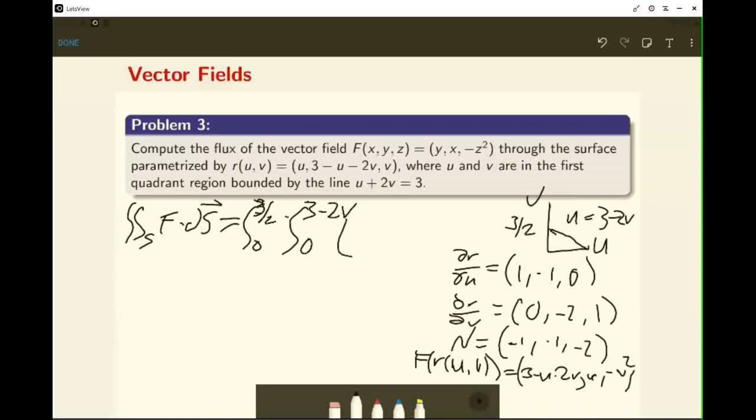And inside we've got to take the dot product of these things. We're going to get a constant term of -3. We're going to get a positive u from the x component and a negative u from the y component, so there won't be any u terms.